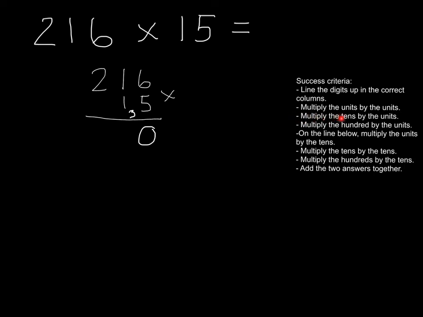Then multiply the tens by the units. Add the regrouped tens. Then multiply the hundreds by the units. Remembering to regroup thousands.